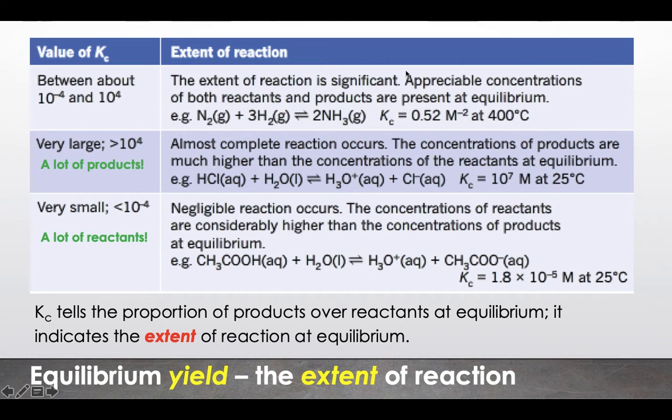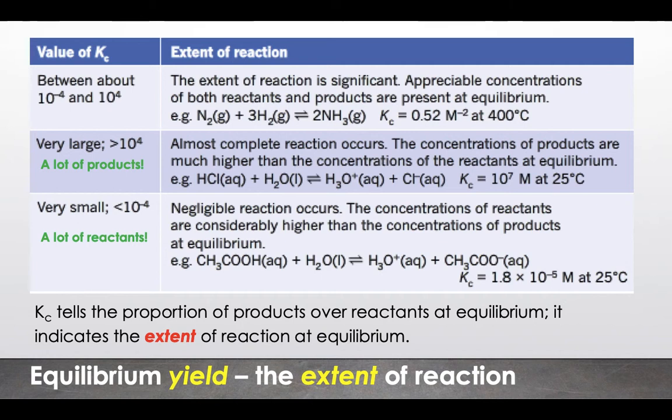However, for anything between 10 to the power of -4 and 10 to the power of 4, we think that reaction is likely a reversible reaction. So those kinds of reactions are the real reversible reactions.